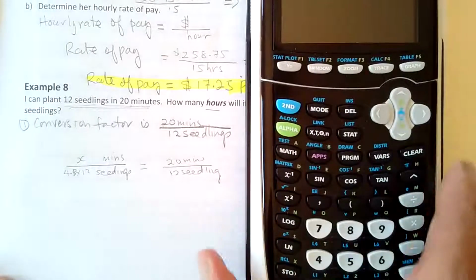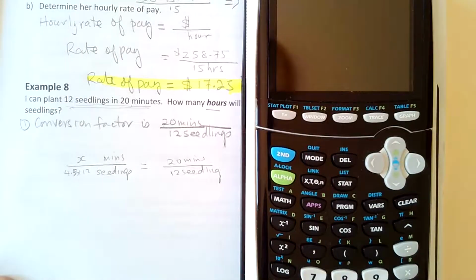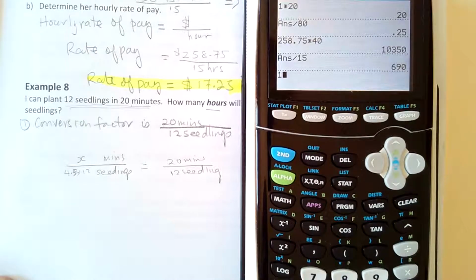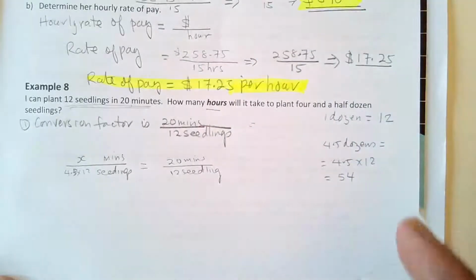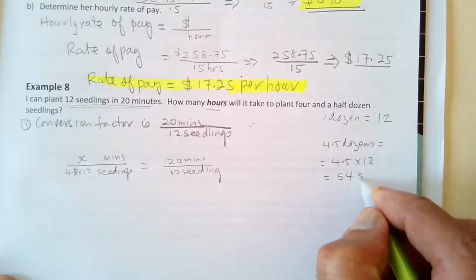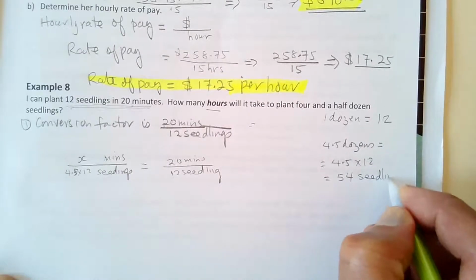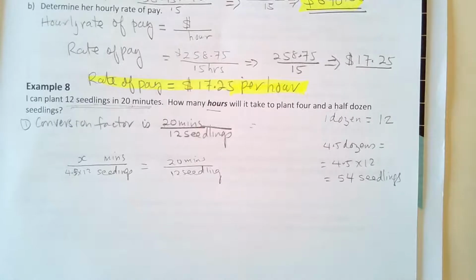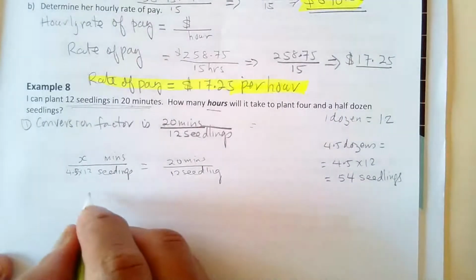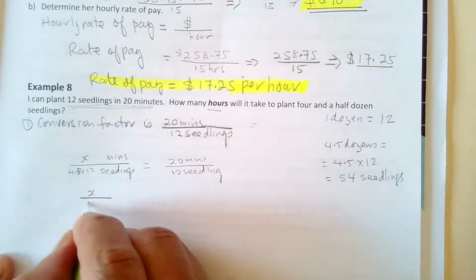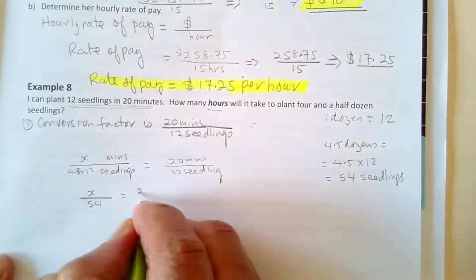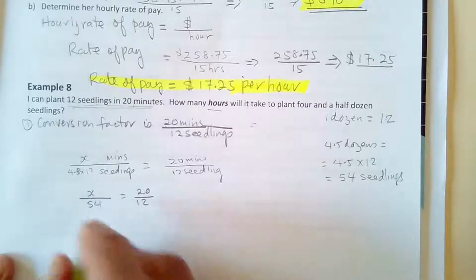So to verify that using your wonderful calculator, a dozen is 12, and we have times 4.5. So you have 54 seedlings. So how long will it take to plant 54 seedlings? We have x, 54, 20 over 12.